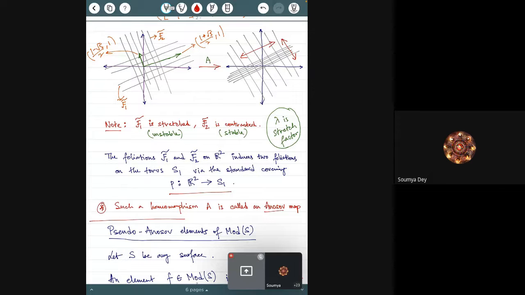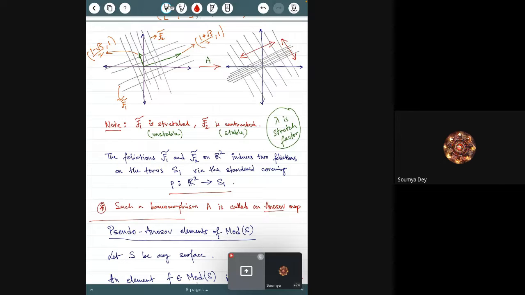So this f1 tilde will induce a foliation f1 on your torus, and f2 tilde will give a foliation, let's say f2 on your torus, and they will also be transverse foliations.